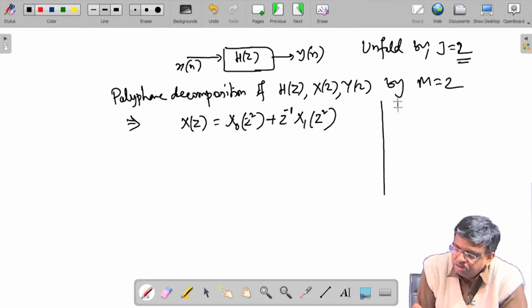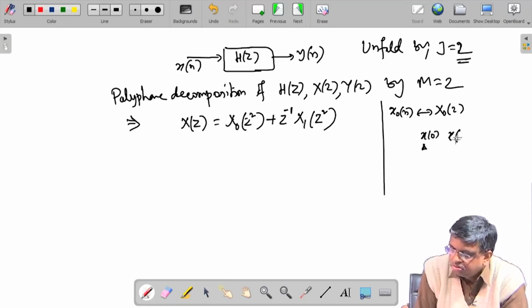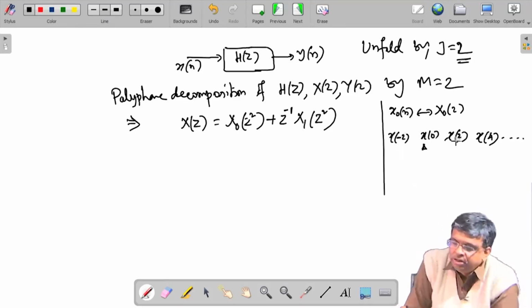What are the components? What is x0 n, which is equivalent to X0 z? That is this sequence x0.